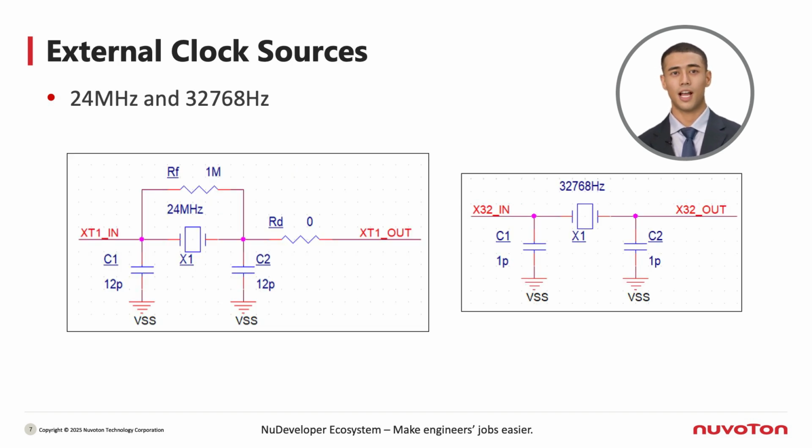The MA35D series chips have two important external clock sources: the main clock at 24 MHz and the RTC clock at 32.768 kHz. A stable external clock source is essential for reliable operation. Therefore, the schematic and PCB layout must be designed strictly according to the chip specifications.